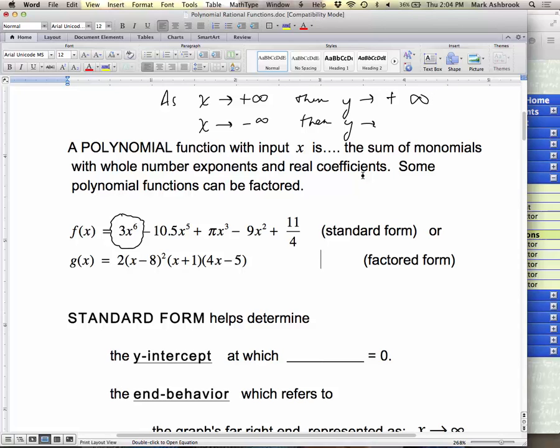Okay, to the left. Let's see. Jonathan. So we do big negative numbers. What will happen to big negative numbers in this?